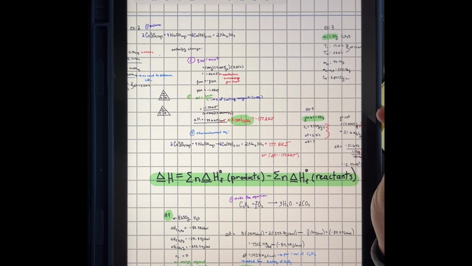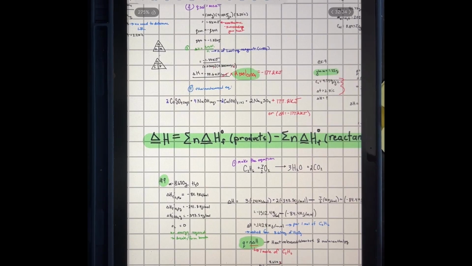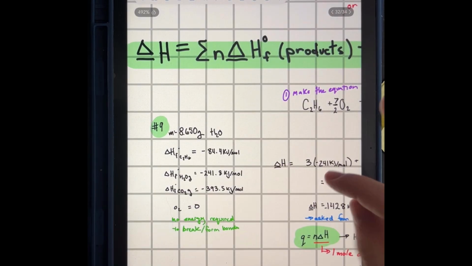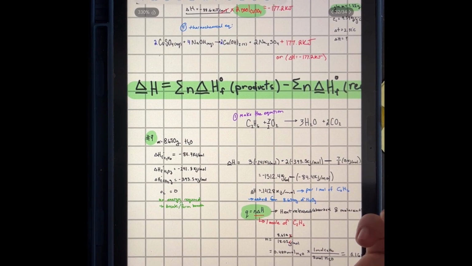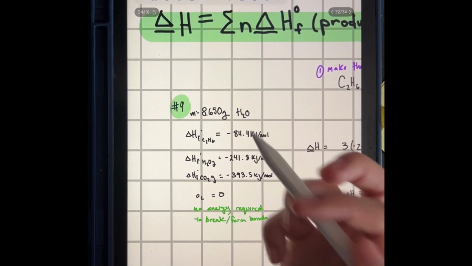So the first thing you want to do is gather your givens. In this question, I don't have the question written down, but we have our givens, and you need to make your equation. You need to balance your equation, all that good stuff. And then you should be given your enthalpies of formation.